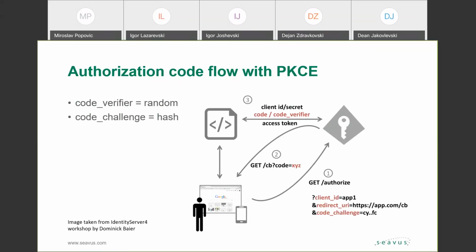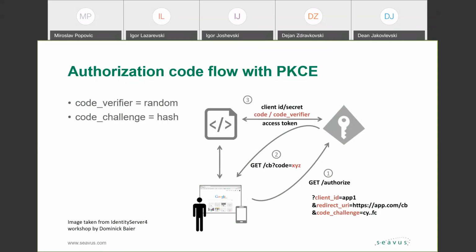It will call back the client using the redirect URL given to it, and in that callback, it will give the authorization code to the client. This code is just a one-time random thing.